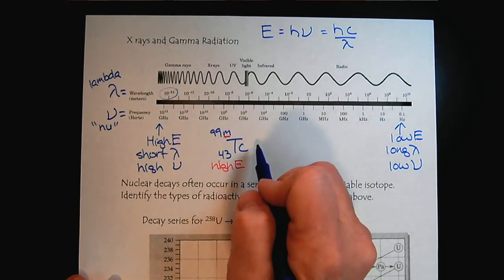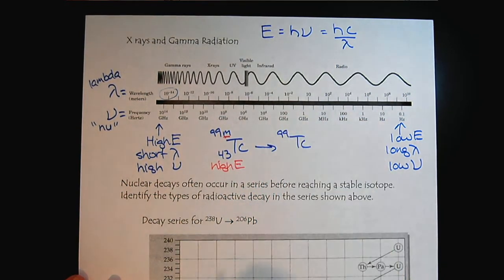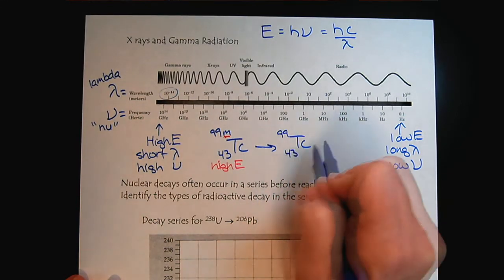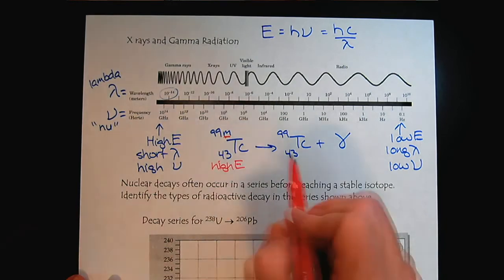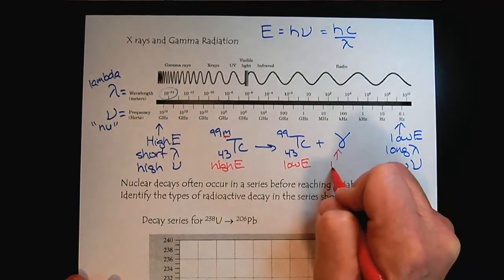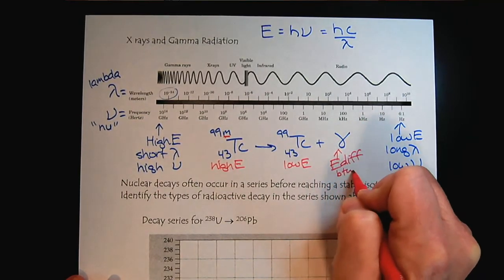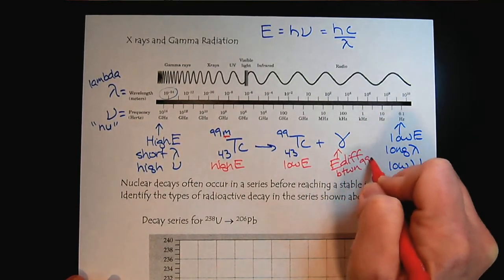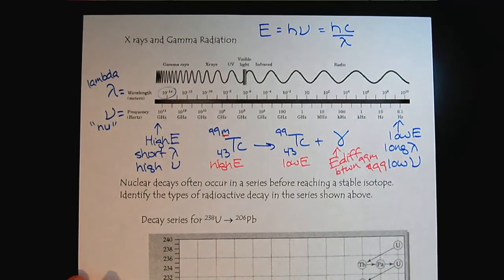And so then what it does is it decays to technetium-99, and then it releases the gamma ray. So this is lower in energy, and then here is the energy difference between 99m and 99.